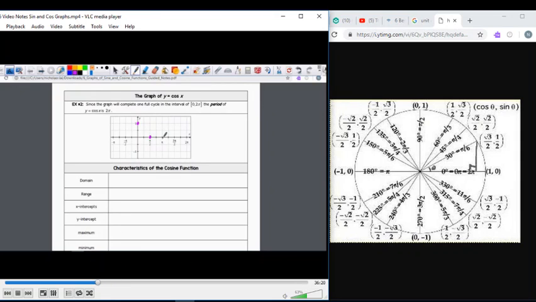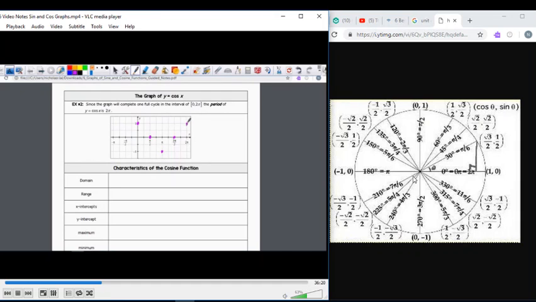Now, the graph of y is equal to the cosine of x. Once again, we're following the x-axis. So when theta is 0, our x value is 1. When theta is pi over 2, our x value is 0. When theta is pi, our x value is -1.